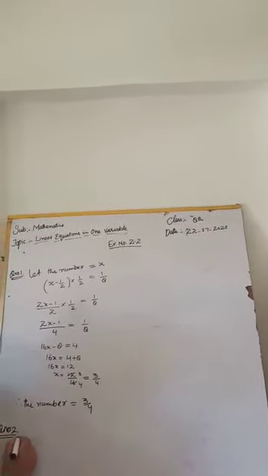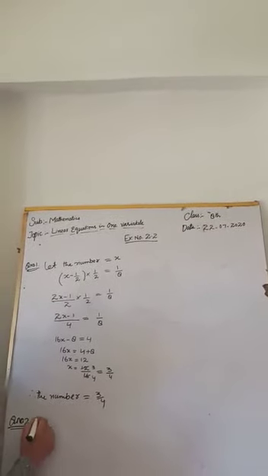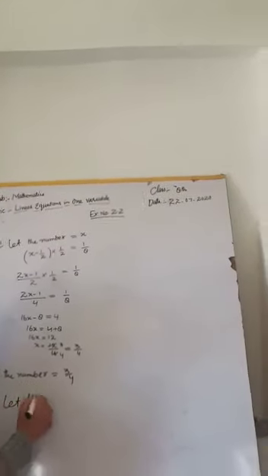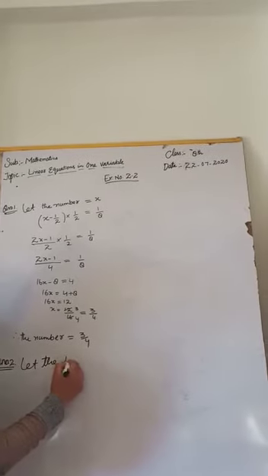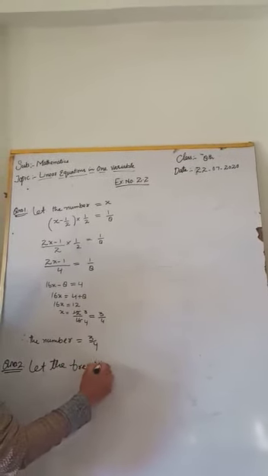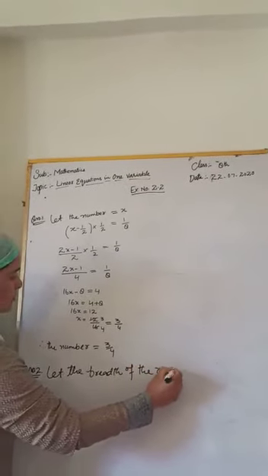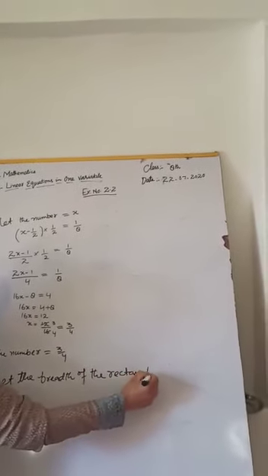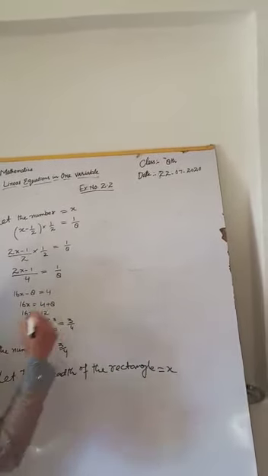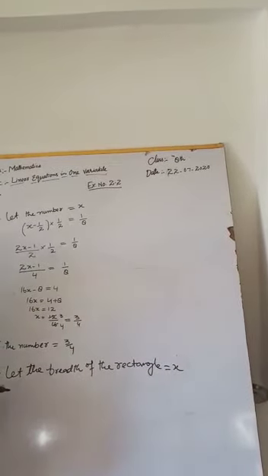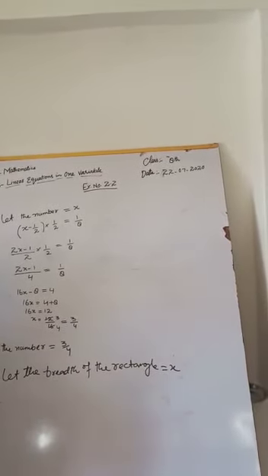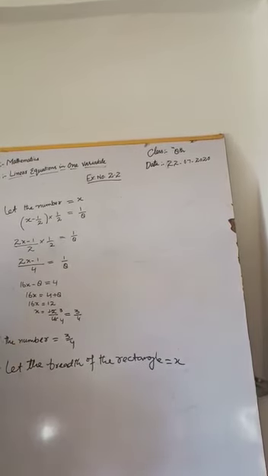So let us put the breadth equal to x. Let the breadth of the rectangular pool be equal to x. When we put this breadth of the rectangle to be equal to x, then we can calculate its length.